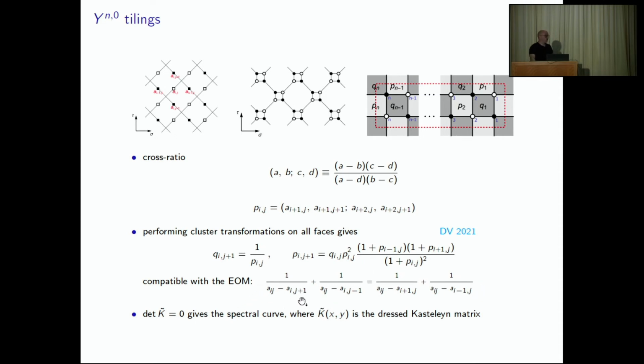Okay, so we managed to embed the motion of the segmented string into the cluster transformation dynamics of a brane tiling, this particular brane tiling. And it's very easy to compute the spectral curve because you just compute the determinant of the adjacency matrix, the Kasteleyn matrix, and you have the spectral curve in terms of your celestial variables or these P and Q variables.